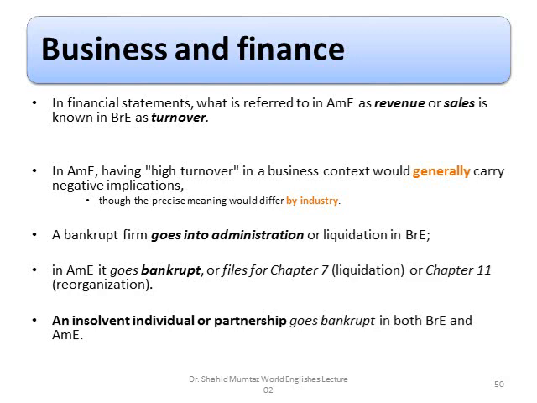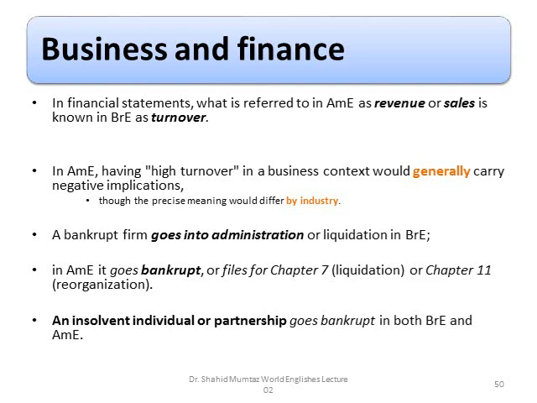In American English, having high turnover in a business context would generally carry a negative implication, though the precise meaning would differ by industry. A bankrupt firm, so see these are some very technical terms.